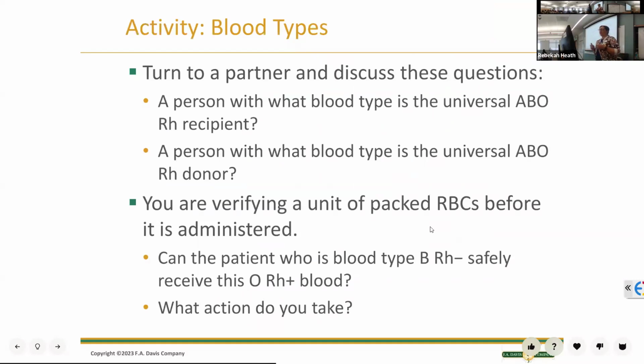A person with what blood type is the universal ABO-Rh recipient, and which one is the universal donor? And if you're verifying a unit of packed red blood cells before it's administered, can the patient who is B negative safely receive the O positive blood, and what would you do? All right, so turn to a partner and discuss those questions.